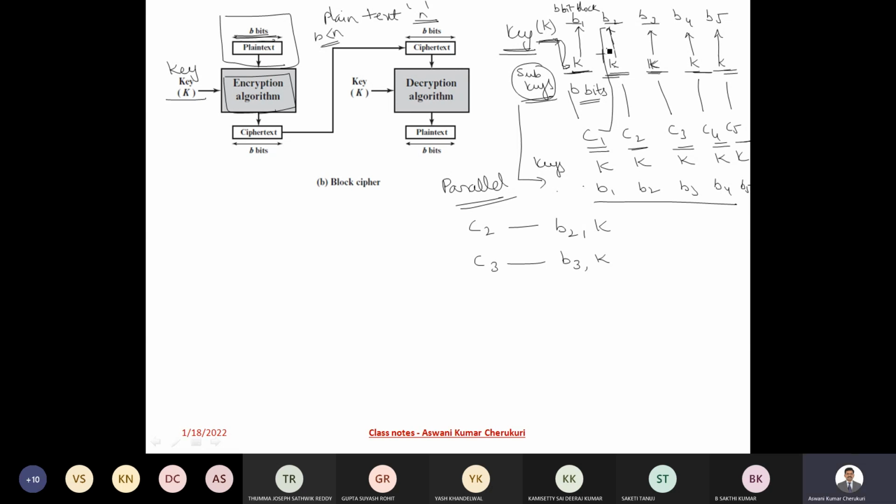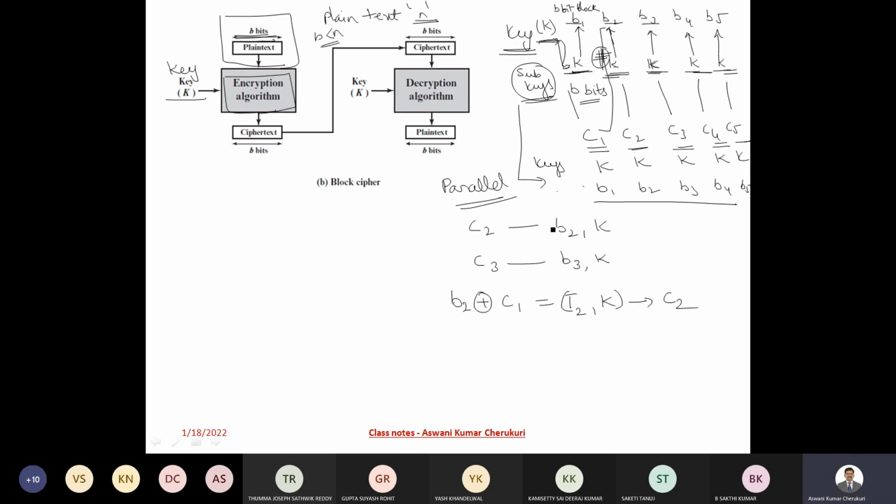So in my second step, B2 is combined with C1 and I get some intermediate text, so-called T2. Now this T2 would be combined with K to produce C2.